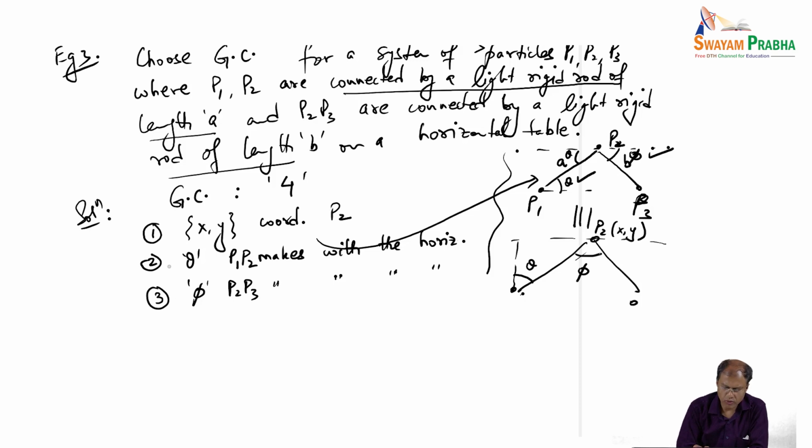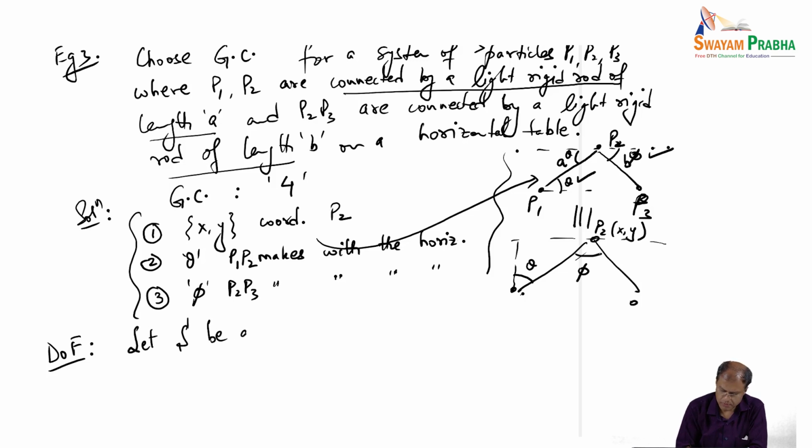Okay, so now let us talk about another concept known as the so-called degrees of freedom. So what are degrees of freedom, DOF? Degrees of freedom in a system are the number of generalized coordinates. So let me write down the formal definition.